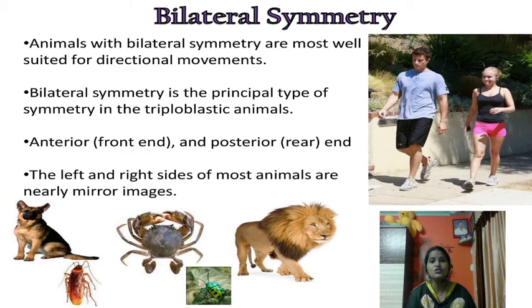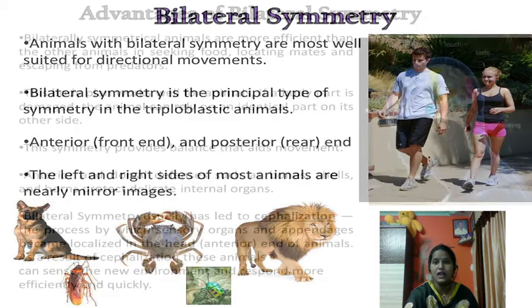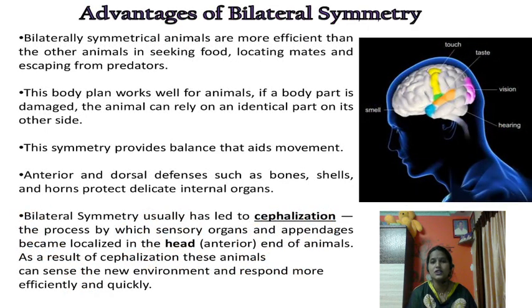It shows two parts, anterior and posterior. Anterior is the front end and the posterior part is the rear end. The left and right sides of most animals are nearly mirror images. That means they are very much similar.